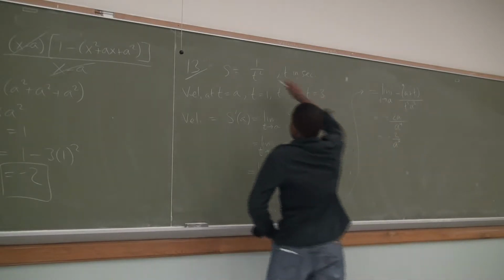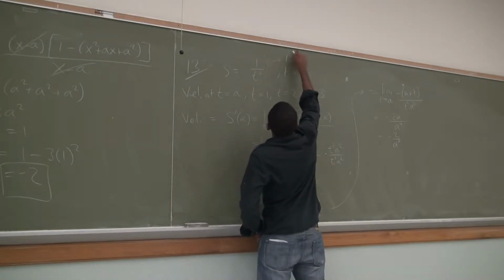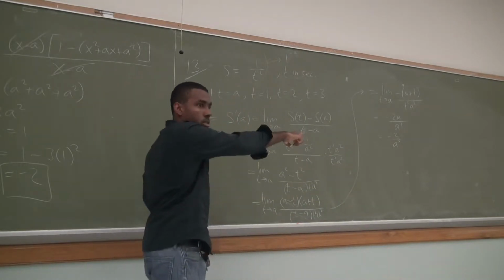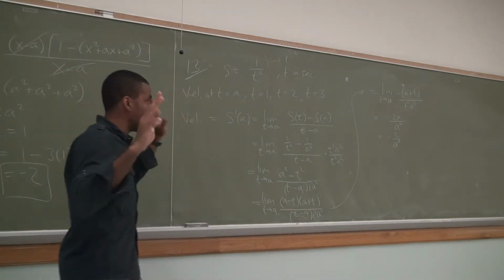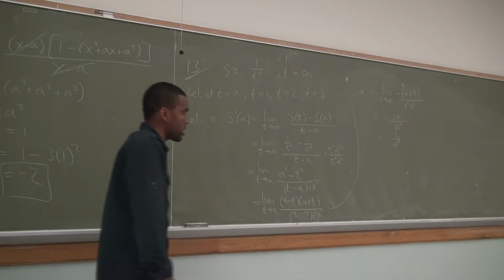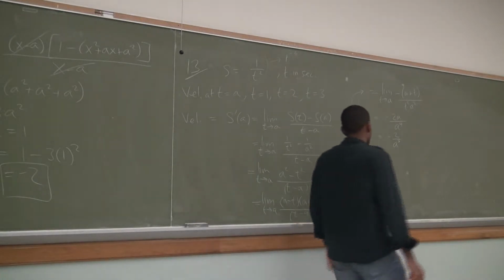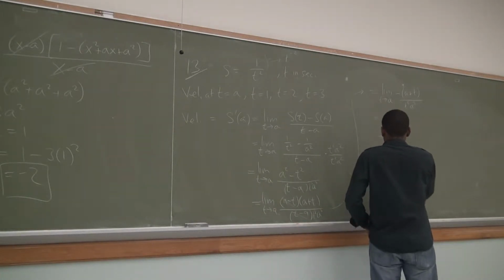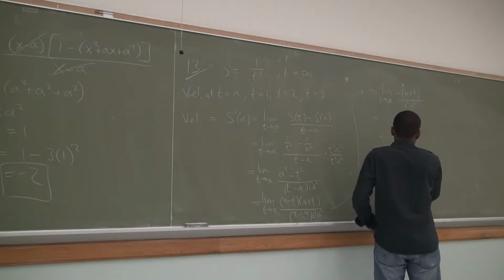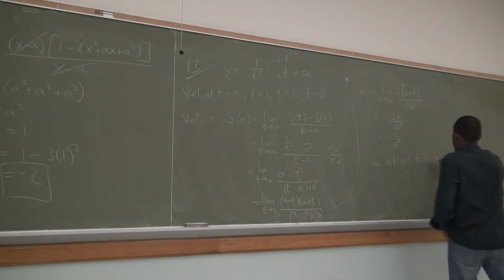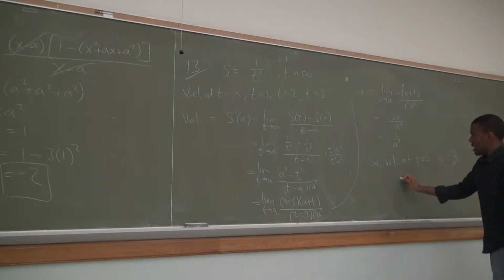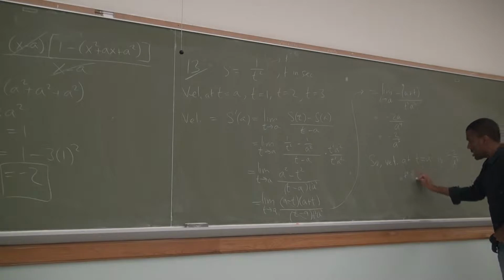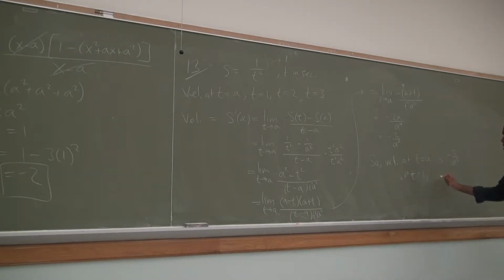And if you thought of this as t to the minus 2 and applied the power rule, you'd realize that you would have gotten that as well. So now that we have 2.3 knowledge, we can easily check that we did the right thing. And so velocity at t equals a is this. At t equals 1, you just plug in 1.